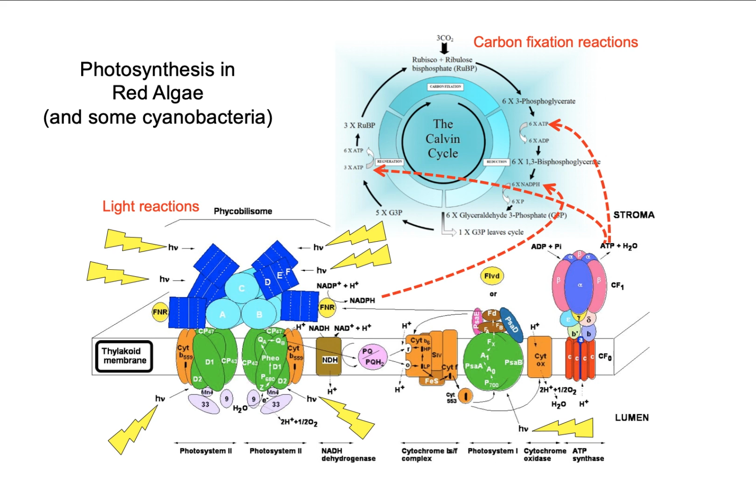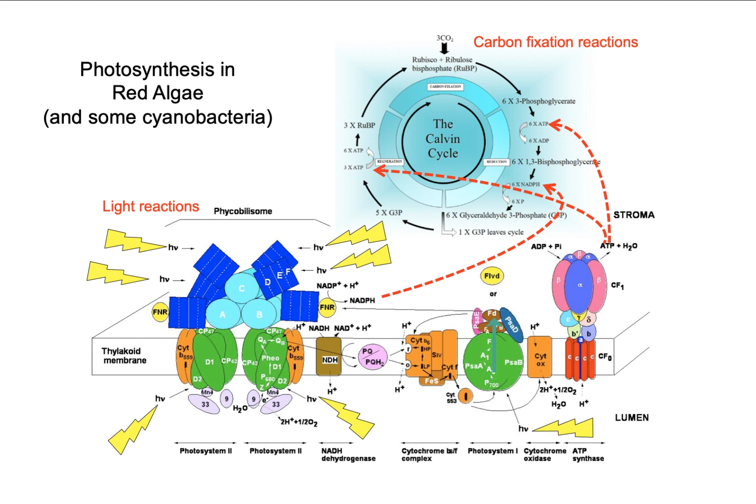The energized electrons are then shifted through a quinone, and then through cytochrome, through plastocyanin, and then through photosystem 1, where there's further energization of the electron in that photosystem.